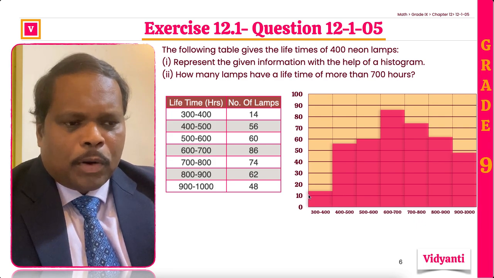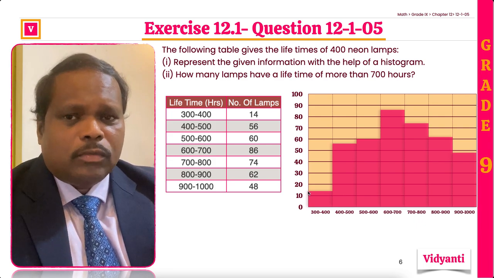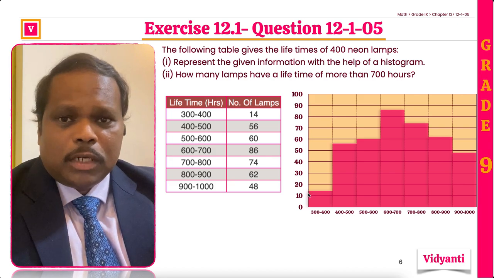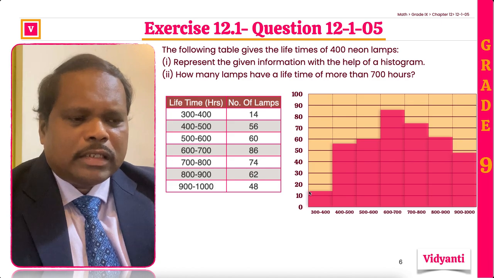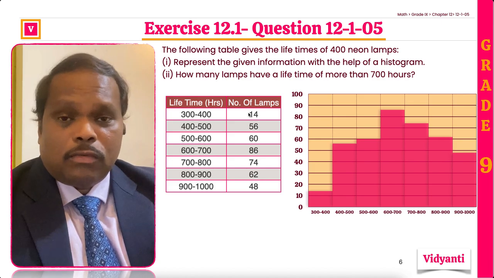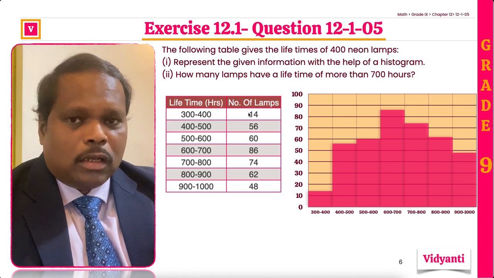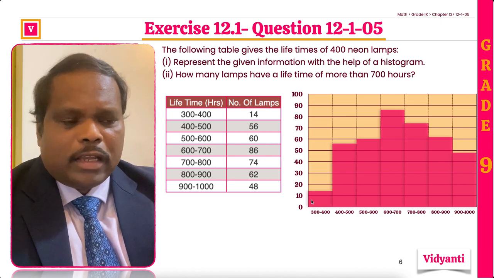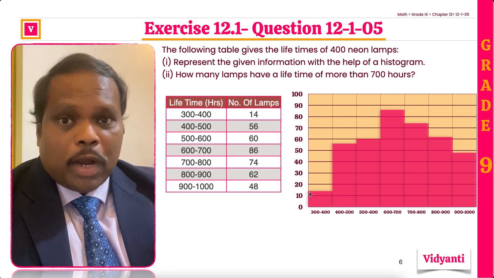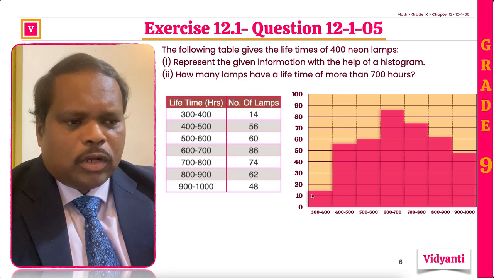If you're drawing on a blank paper, then you have to take approximately between 10 and 20, slightly less than halfway, because this is not 15, this is actually 14. But if you have a proper graph paper, then using the minor grid lines, you can cross 1 centimeter and then take 4 minor grid lines. And then you can make a rectangle.